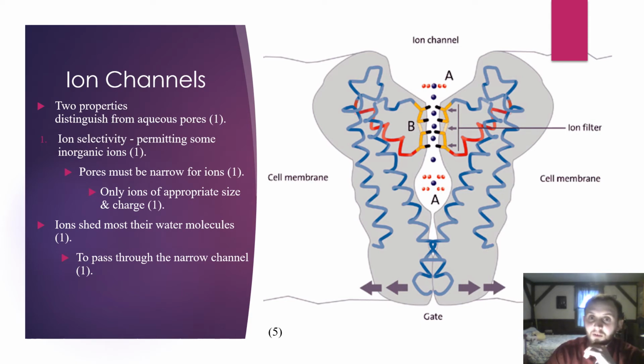Up here we have this little ion, and it's carrying these water molecules, nice and attached. But this little narrow passage isn't going to let this molecule pass. It's going to let go of the luggage. Imagine yourself carrying all this luggage and passing through a narrow passage, like, I can't get through that.